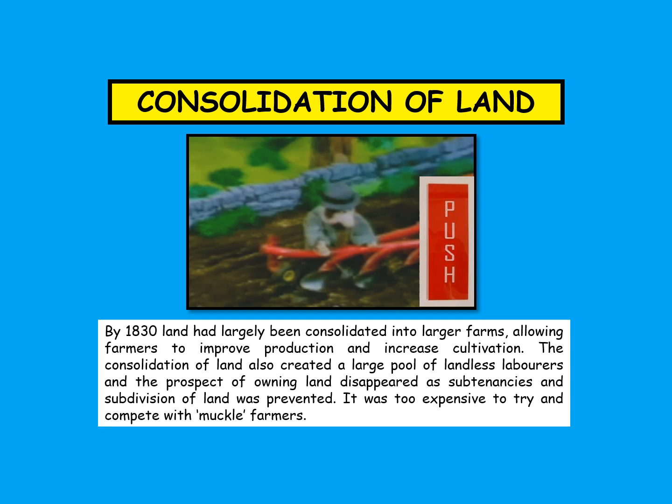So kind of a key point here would be saying something like, land has been largely consolidated into larger farms, created a pool of landless labourers, and the prospect of owning land disappeared.